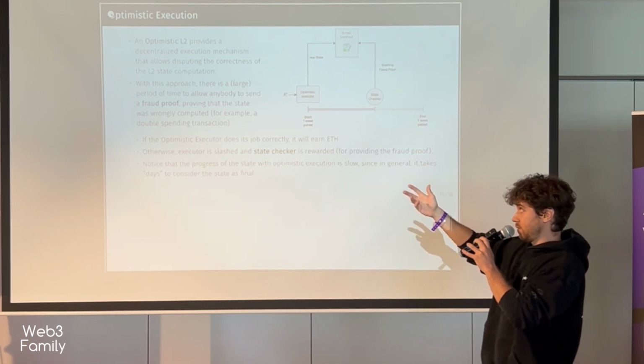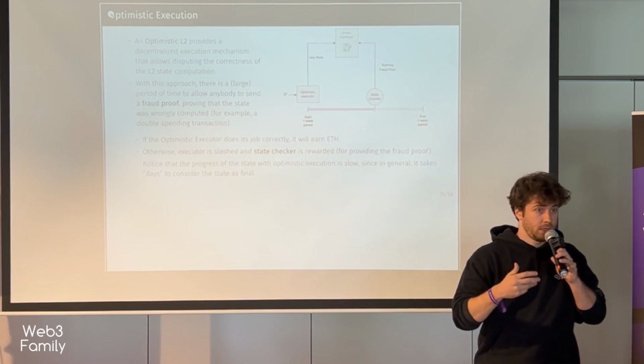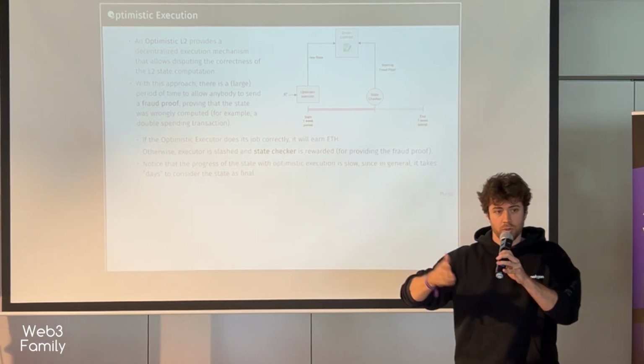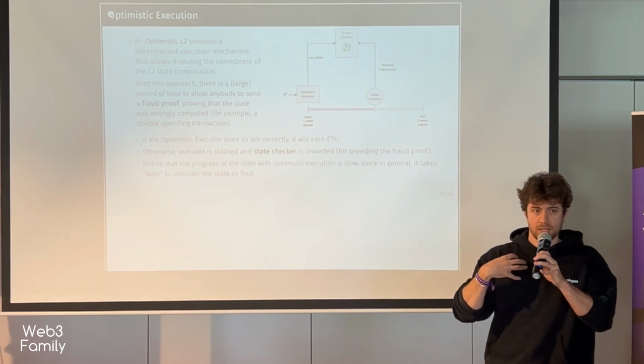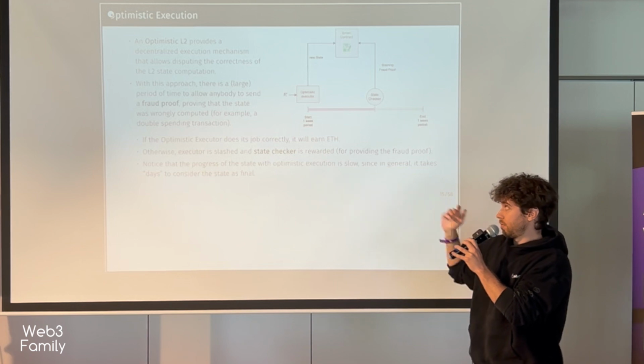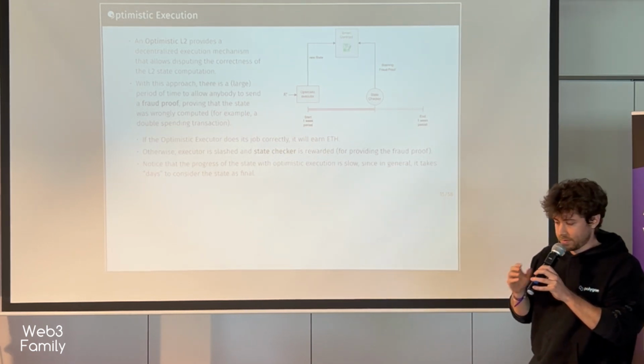If the fraud proof is proved, the optimistic executor that made the malicious execution is slashed, its staking is lost, and the state checker, the one who made the fraud proof, is rewarded.